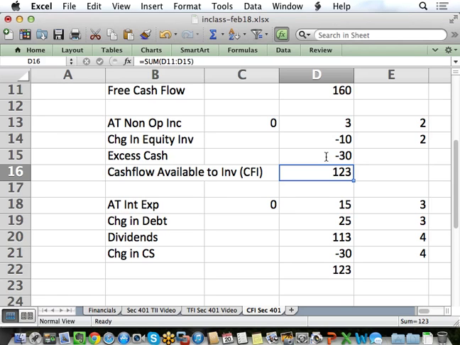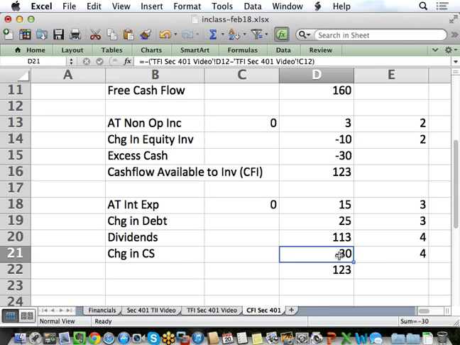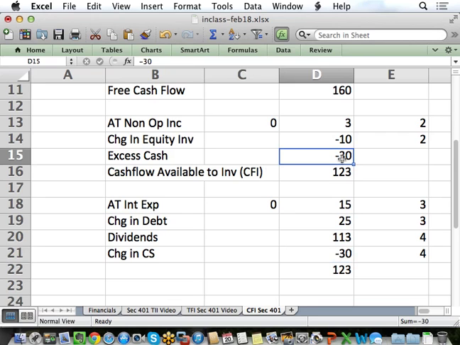So, when I take money out of checking and I send it off to my savings account at another bank, what does that do to my cash flow available to investors that I can pay out of my checking account? It reduces it. So when you see a negative excess cash on the CFI, the company is actually taking money and just putting it into savings. So that's mechanically what would happen here. So mechanically, this company would issue 30 of new stock, assuming it didn't do anything but put the money in the bank. Its excess cash balance would go up by 30, and that's how the CFI would stay in balance.